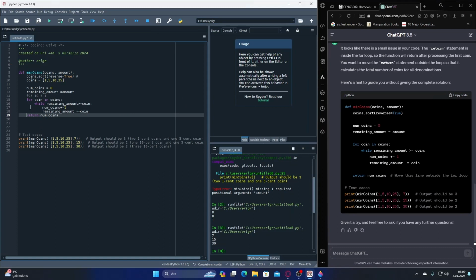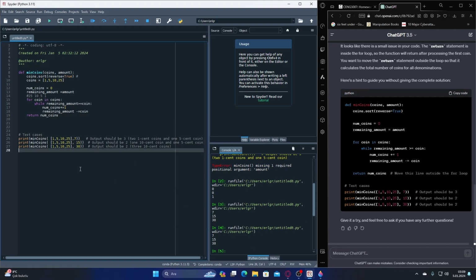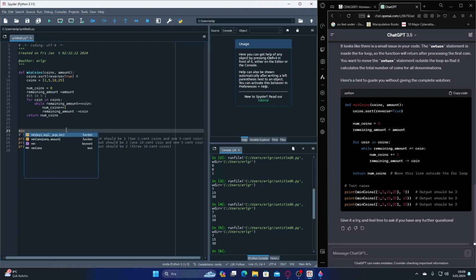It must be for the for, not for the while, and I'm running this one. Okay, it's giving me the wrong answer again. And why? Okay, let me check in here. Coins, it's giving me amount.